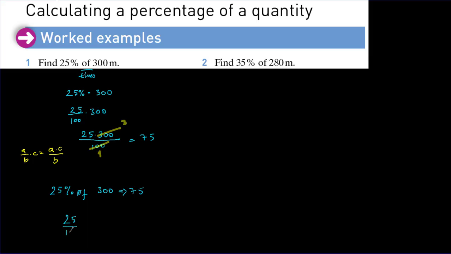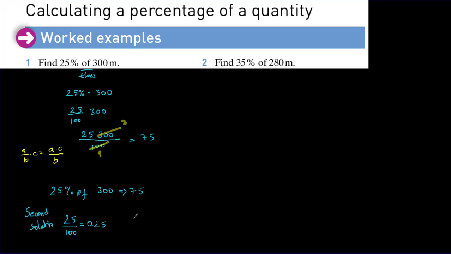Okay, there are different methods. 25 over 100 can be written as the second solution. 25 over 100 can be written as 0.25 as a decimal, you know.